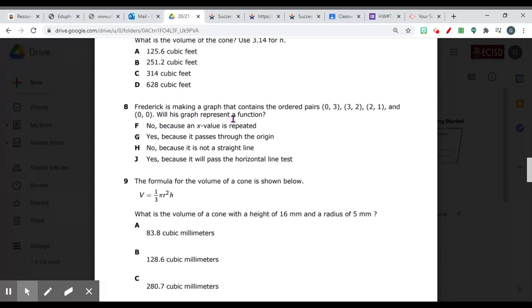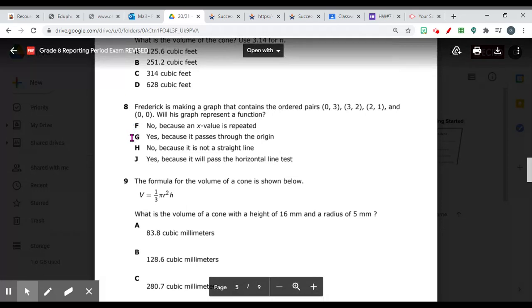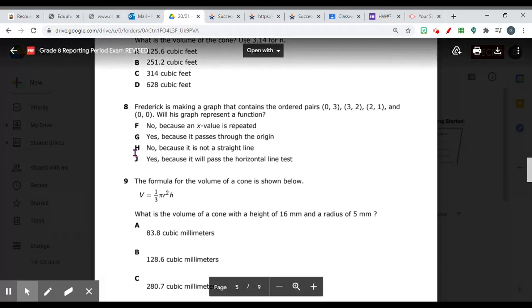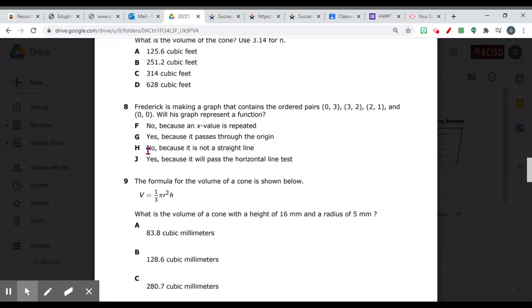Will his graph represent a function? F, no, because an x value is repeated. G, yes, because it passes through the origin. H, no, because it is not a straight line. Or J, yes, because it will pass the vertical line test.